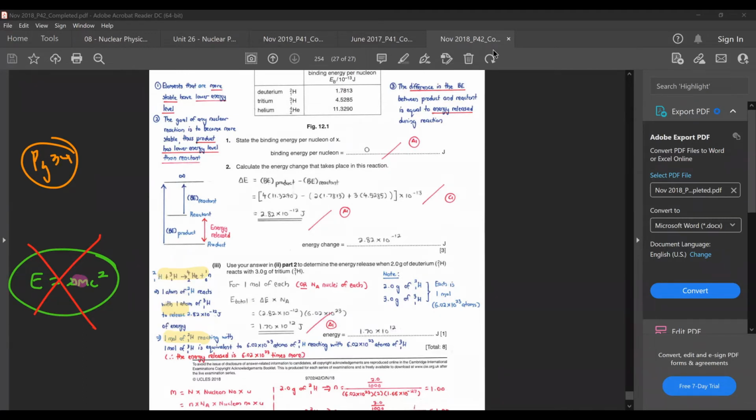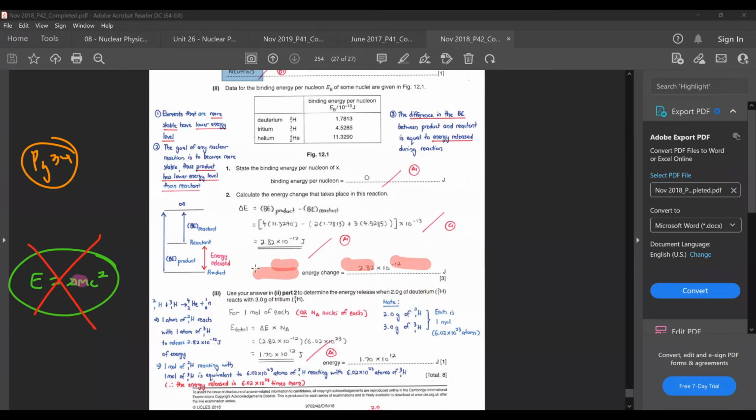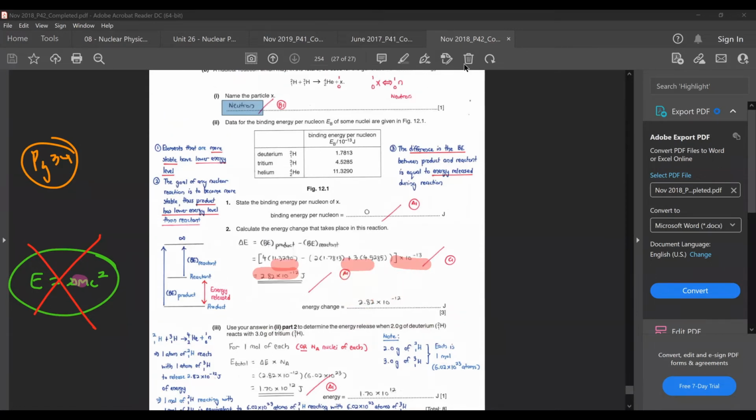They are asking you right now to use your answer in part 2 to determine the energy released when 2 grams of deuterium reacts with 3 grams of tritium. So here they actually gave you the masses of your reactants. Think of it this way now.